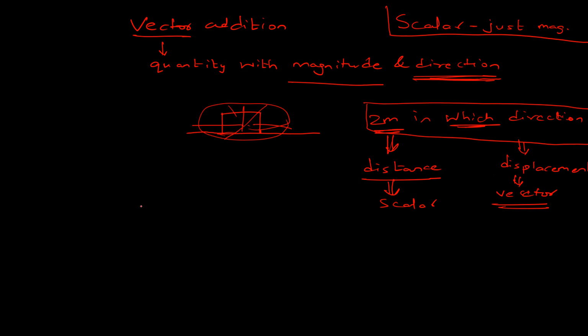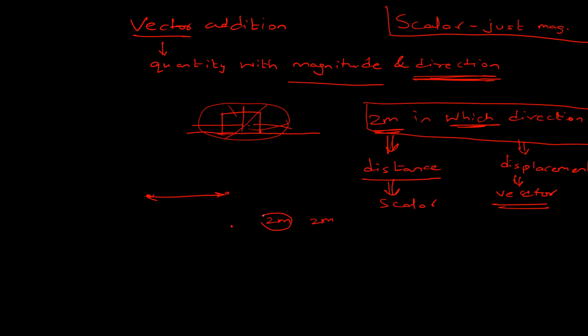Distance is just the measured quantity between 2 points. And the displacement is in a particular direction. The magnitude for both is the same: the magnitude for distance and the magnitude for displacement is going to be 2 meters.